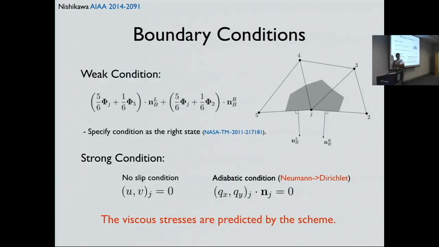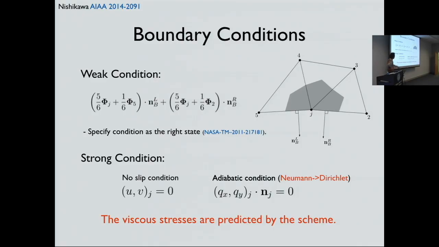This formula is very important to preserve second order accuracy at the boundary node. And then to compute this flux, we specify the right side by its physical condition. And there's a good paper on this boundary procedure. I just learned from that paper.